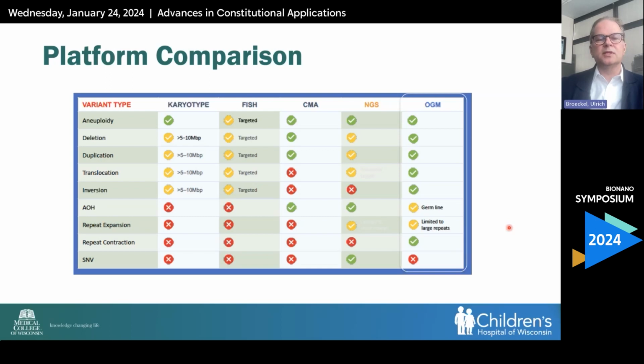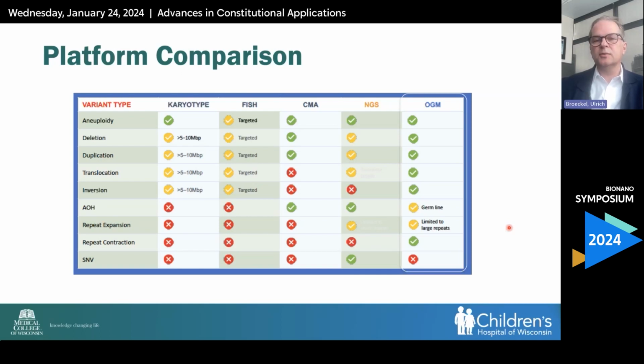With arrays, the limitations are well established: we cannot detect translocations and inversions, although we can detect deletions and duplications with a much higher resolution. Similar for next generation sequencing, the limitations are for inversions and potentially translocations.